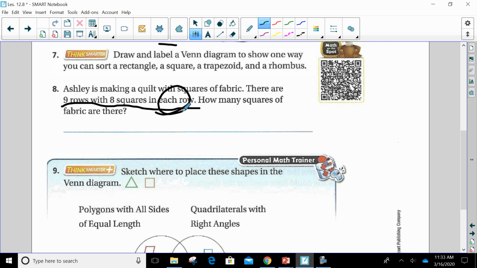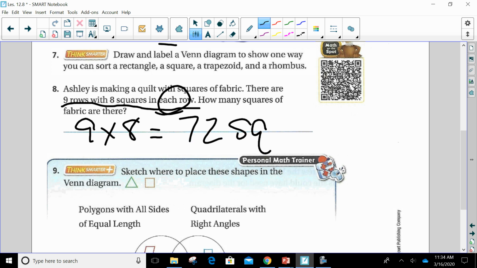So let's look at that. 9 rows of 8 squares. That's like 9 groups, 9 piles, 9 whatever. So it's 9 times 8 equals 72 squares. Don't forget how to do your multiplication.